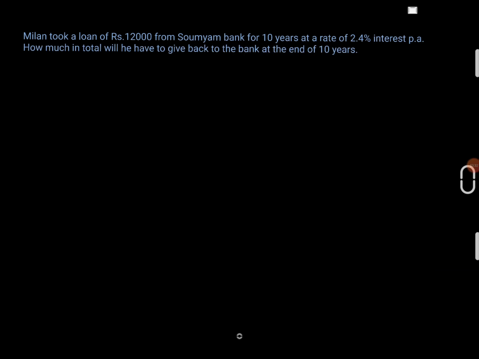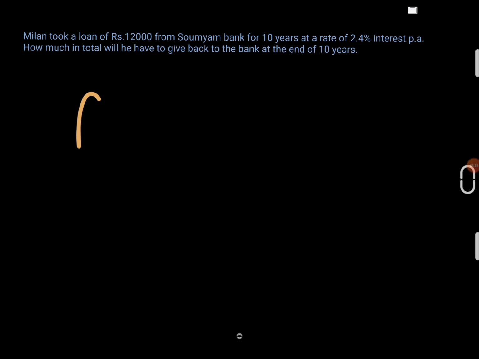Milan took a loan of rupees 12,000 from Saumiam Bank for 10 years at a rate of 2.4 interest PA. That is per annum. I'll tell you what PA is. How much in total will he have to give back to the bank at the end of 10 years?